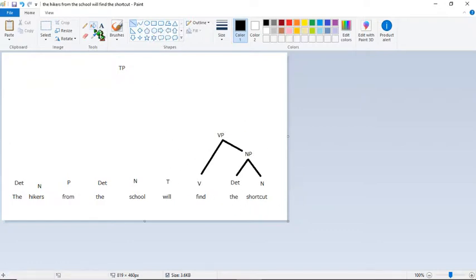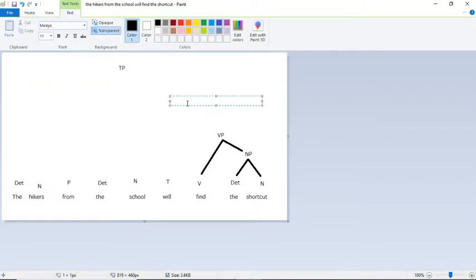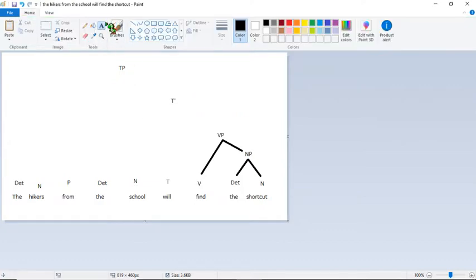And then again, I see the tense marker with the tense phrase and the verb phrase. So again, this is something we've done over and over again. The T will connect up to the T bar, which will connect the VP, and that connects up to the TP. All right, so now just from that, we have half of our sentence done already.